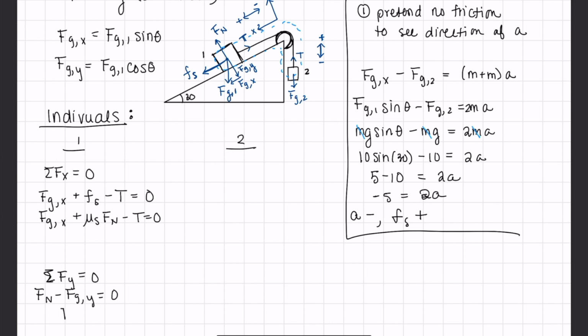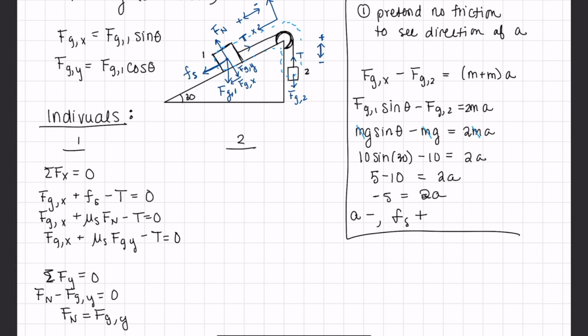So if we add that over, we'll get that F normal equals FGY. So I'll make that substitution. This one's the next still. FGY minus tension equals 0. That's as far as we can go there, so I'm going to leave it.